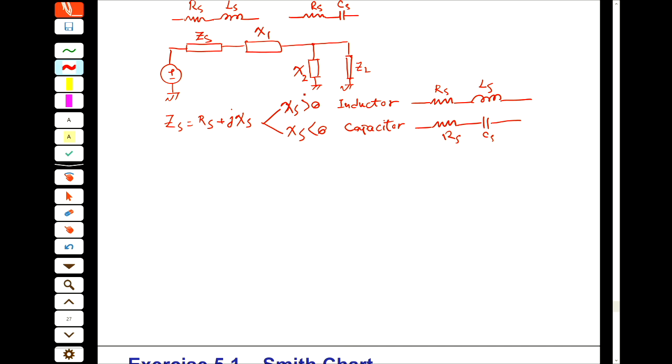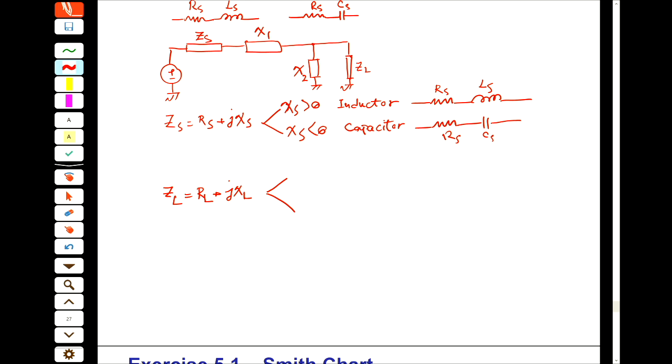The same thing here. This ZL, I can draw it as a parallel of RL and LL, or RL and CL. This ZL equals RL plus jXL.